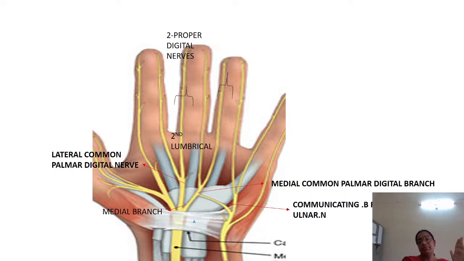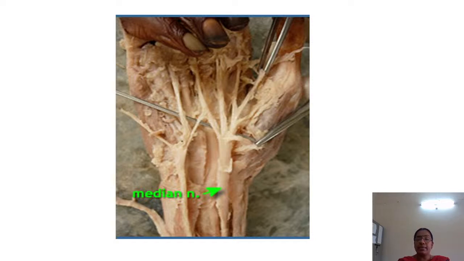You can see this in our dissection part. This is the median nerve. Soon after, it gives a recurrent branch which supplies the three thenar muscles. After giving the recurrent branch, it divides into a lateral and a medial branch. The lateral branch gives three proper palmar digital nerves, which supply either side of the thumb and the radial side of the index finger.